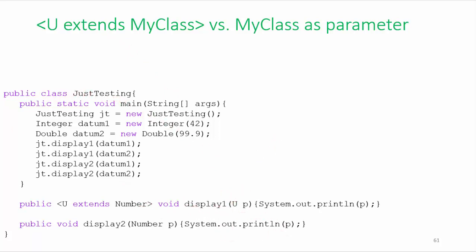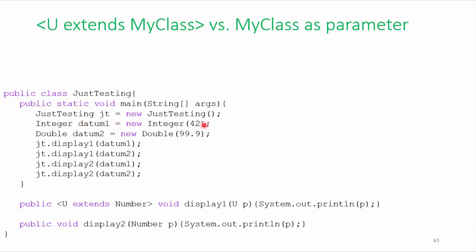So we put those two methods into a class named justTesting. This class features a main method. Here it is. Inside this main method, we start by creating an object of class justTesting. Then we create an object of class Integer, and we put its reference in a variable named datum1.